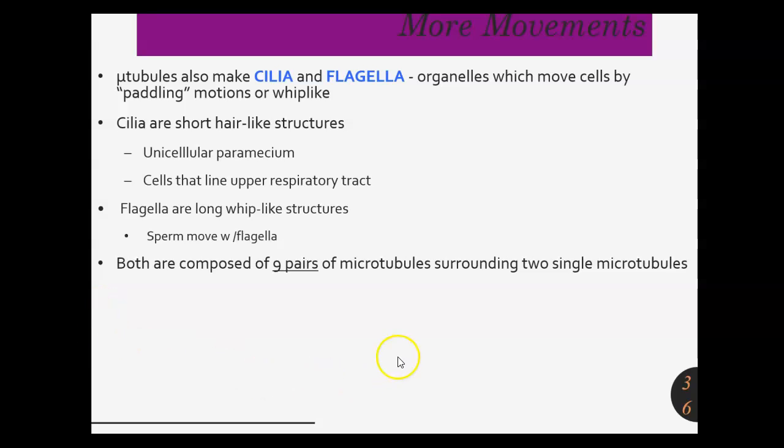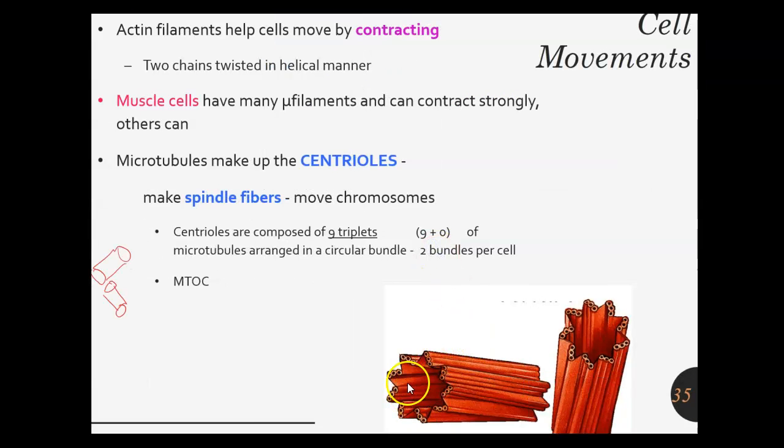I'm going to back up to the side. See, there's nothing running down the center. So it's a 9+0 arrangement of microtubules. There is nothing in here. It's hollow.